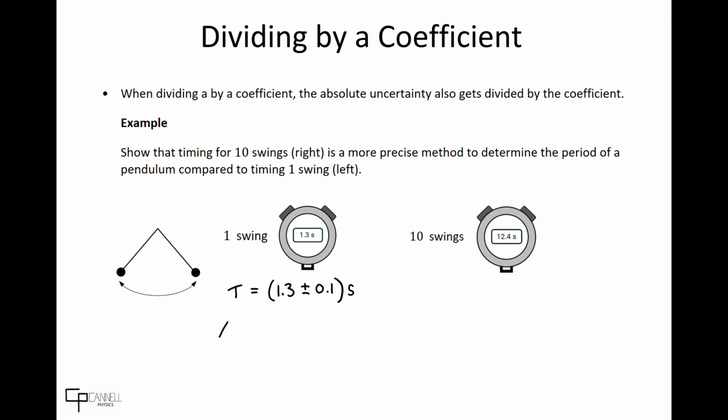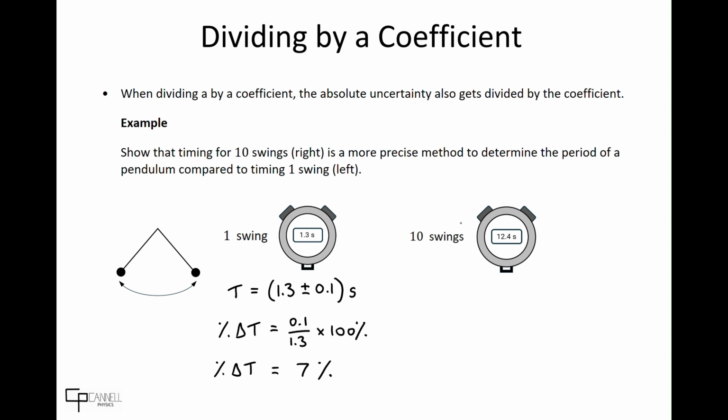So the percentage uncertainty in this measurement of period is 0.1 over 1.3 multiplied by 100%, and that equals, and to the nearest whole number we got 7%, keeping in mind we must only have one significant figure for uncertainties, because this is an uncertainty not starting with 1 or 2, so one significant figure is appropriate.